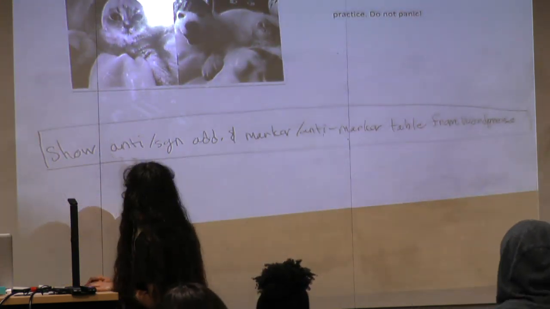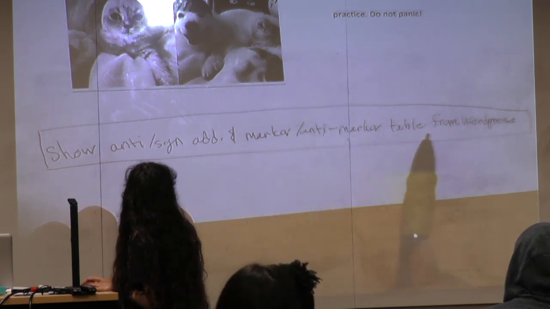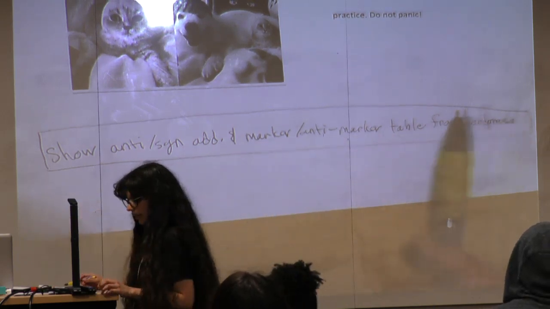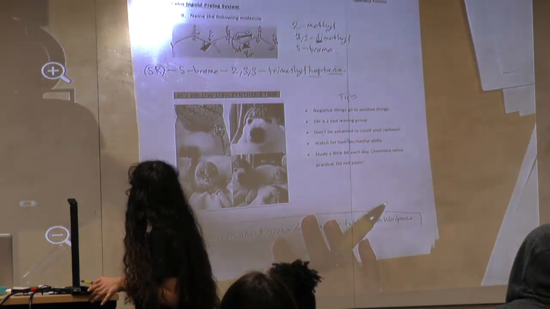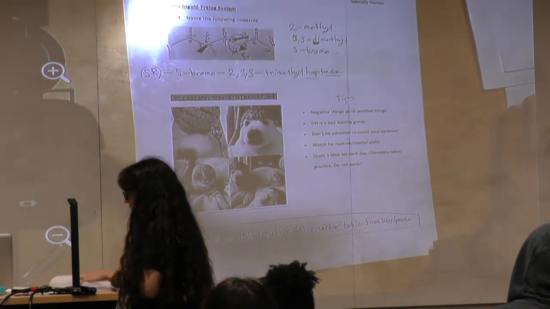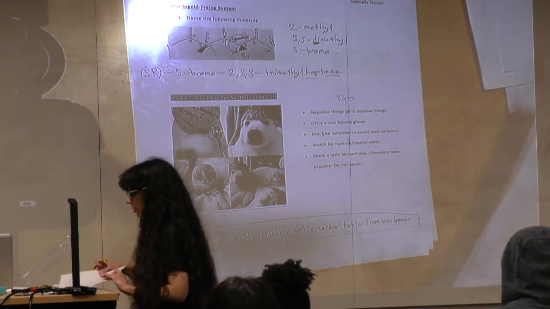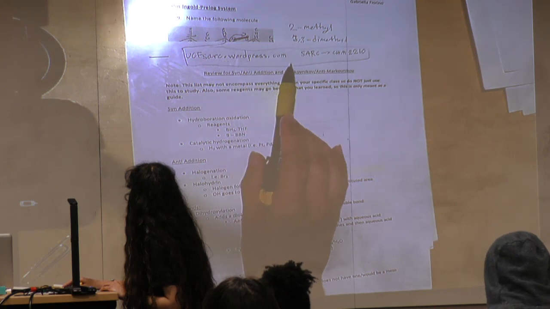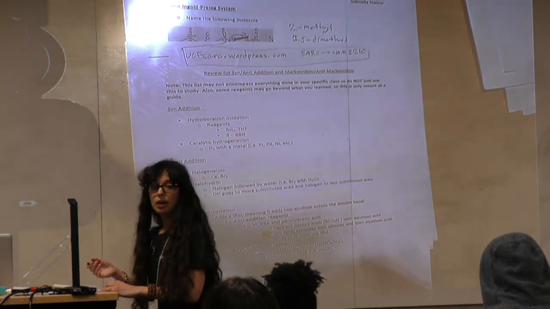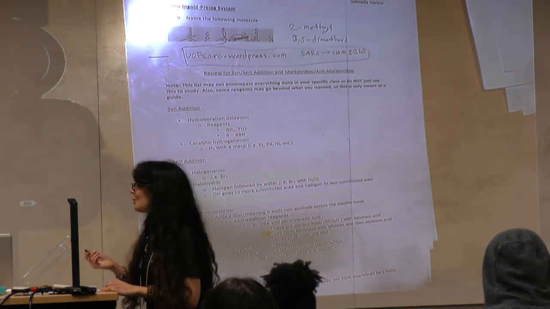Now I have a note: a table showing syn and anti-addition, Markovnikov and anti-Markovnikov. You can find this on the WordPress site, ucfsarc.wordpress.com, which is also where you'll find my polar protic and polar aprotic solvent list.